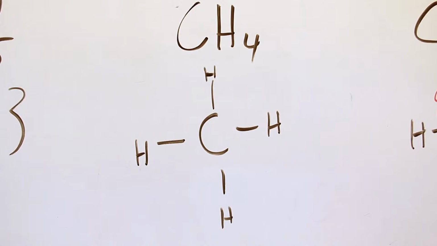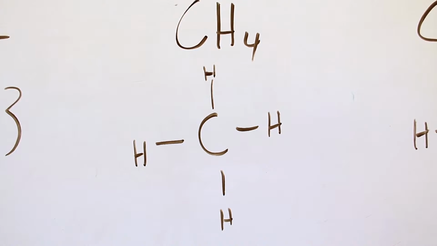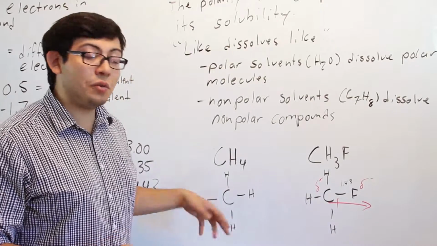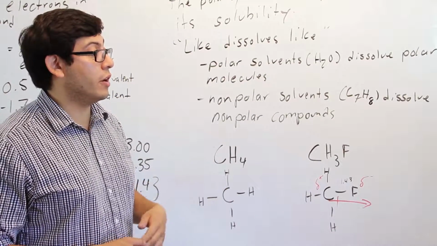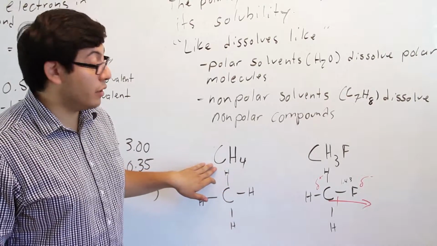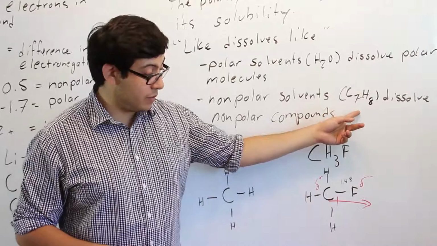Methane right here is drawn as a carbon bonded with 4 hydrogens. Like we said earlier, the carbon-hydrogen bond is nonpolar, so this overall is a nonpolar molecule. It's always a good idea to draw out the molecule before you figure out if it's polar or nonpolar. Because methane is nonpolar, it'll probably dissolve in a nonpolar solvent, such as C7H8 toluene.